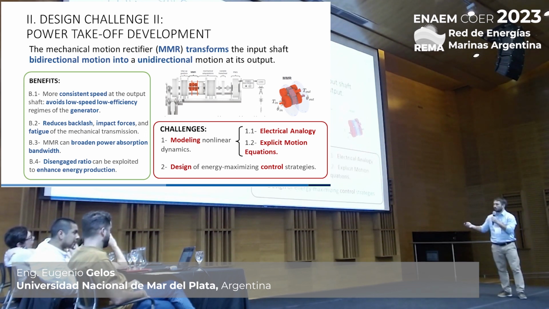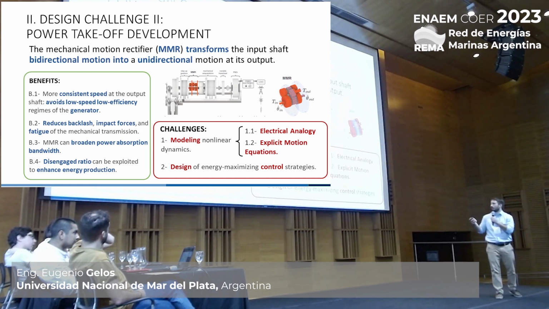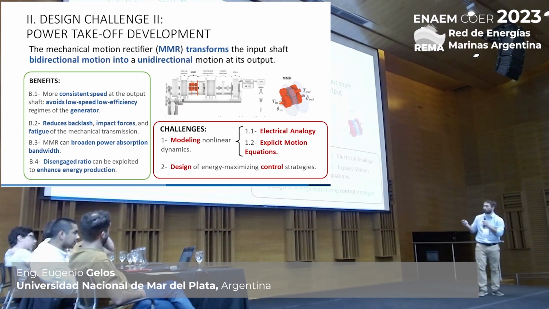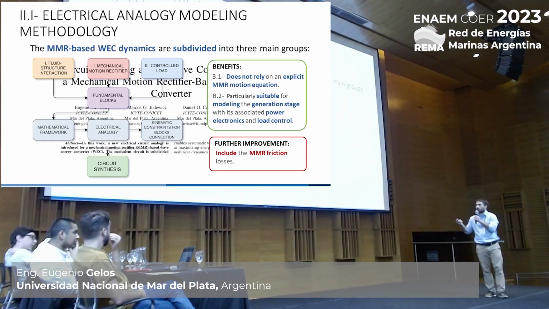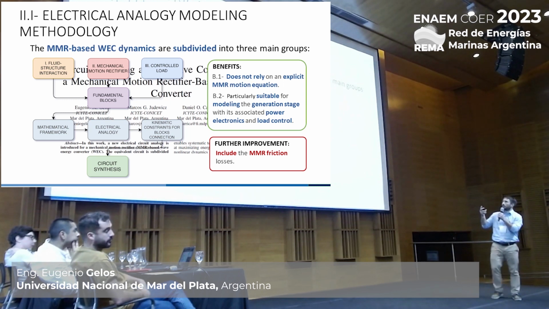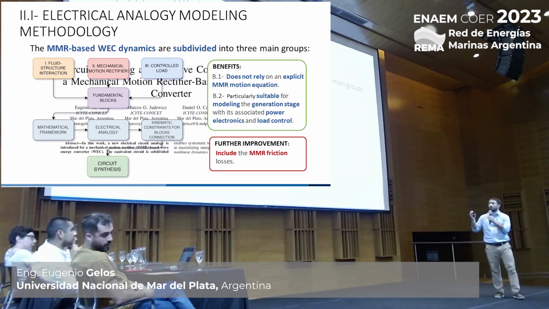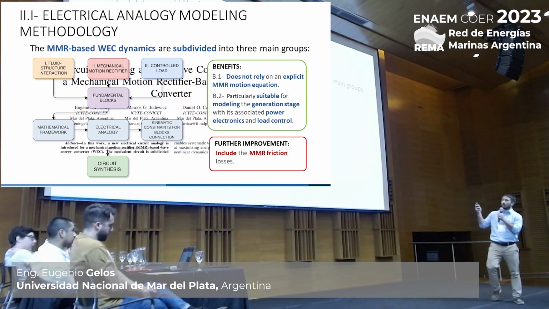So in order to model this system, what we propose is two different approaches: an electrical analogy, and deriving the explicit motion equation along with the switching laws and nonlinearities. For the first of these approaches, we propose to subdivide the system into three main groups: the fluid structure interaction, the mechanical motion rectifier itself, and the control load.